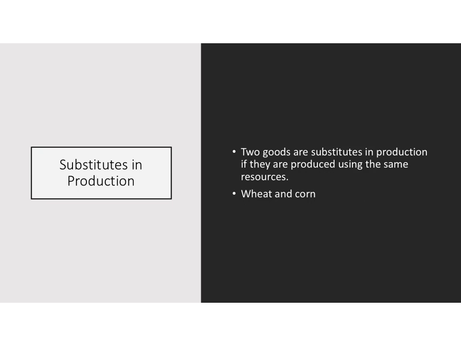So for example, two goods are substitutes in production if they are produced using the same resources. Wheat and corn are good examples of two goods which are substitutes in production. Why? Because these two goods use essentially the same resources, the same land, the same labor, the same capital.